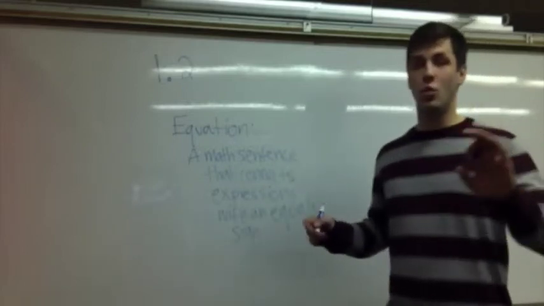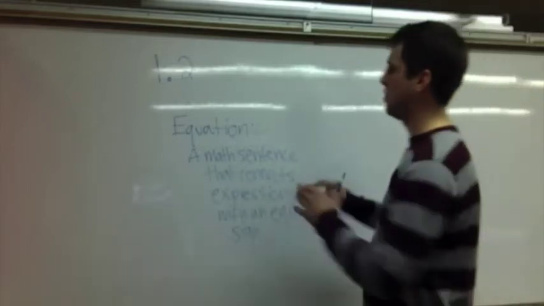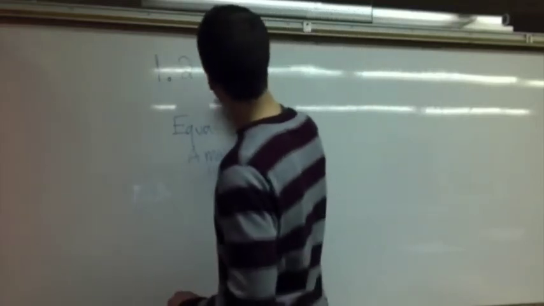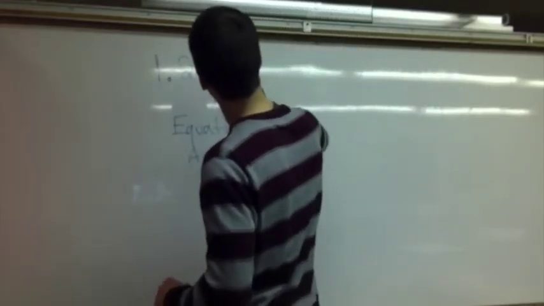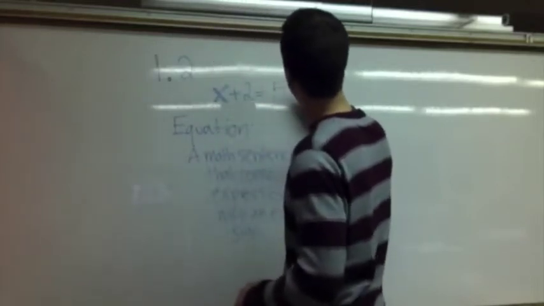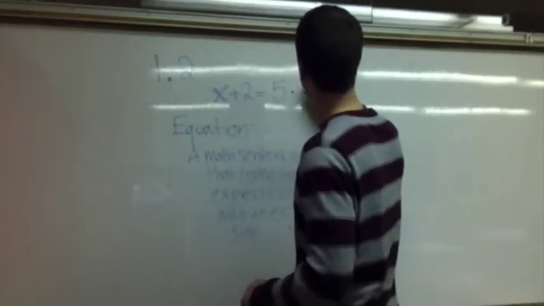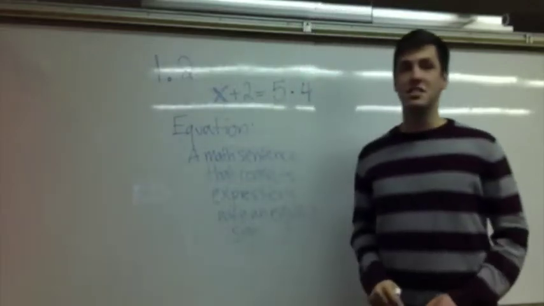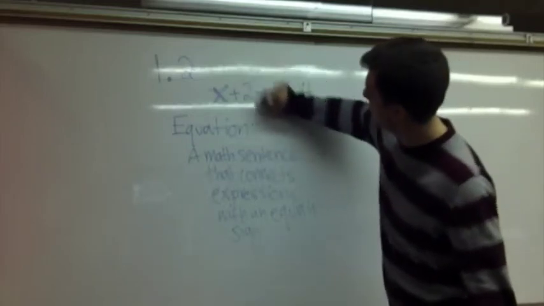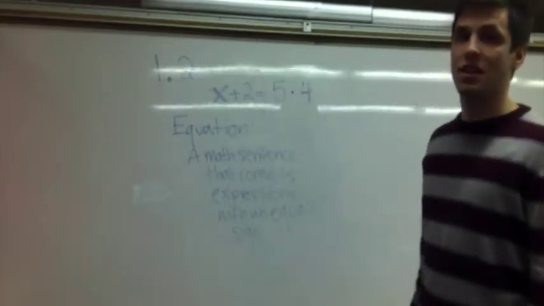And so we're thinking of two expressions that are connected with an equal sign, which, for example, might be x plus 2 equals 5 times 4. That is an example of an equation. And here's your clue that it's an equation. There's an equal sign in there.